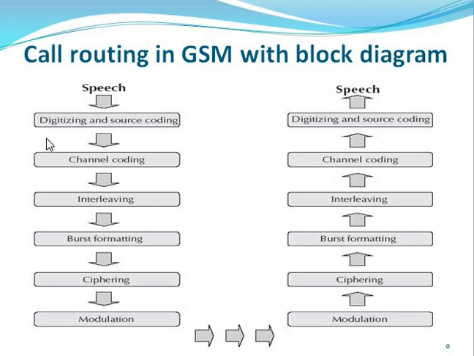First is digitalizing and source coding, then channel coding, interleaving, burst formatting, ciphering, then modulation. Then after modulation, ciphering, burst formatting, interleaving, channel coding, and the speech. So this completes the flow of call routing.